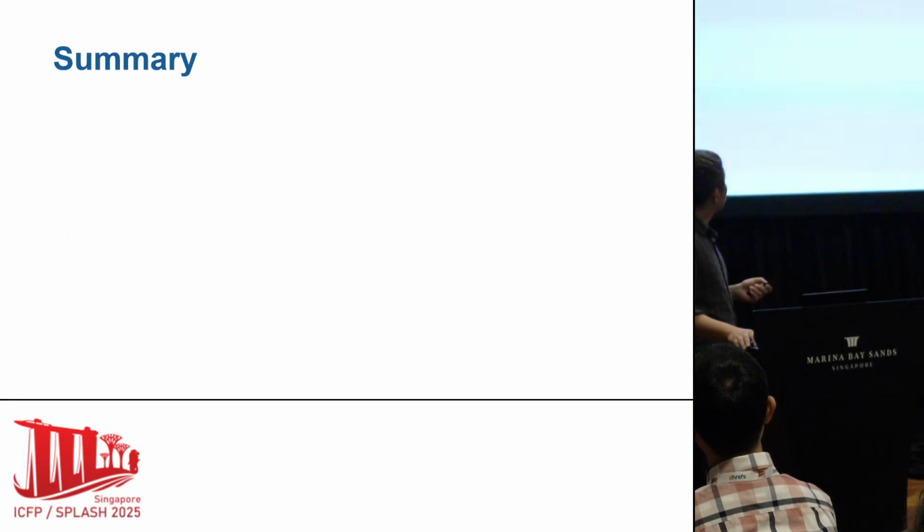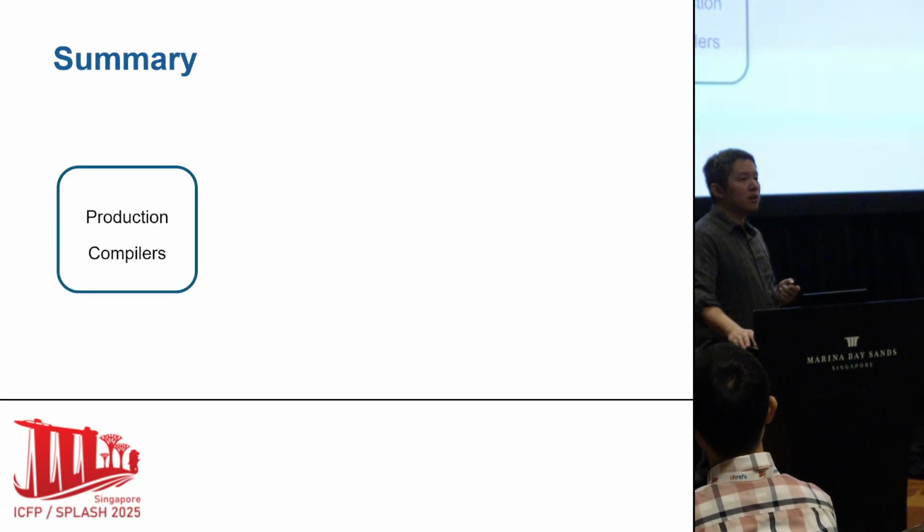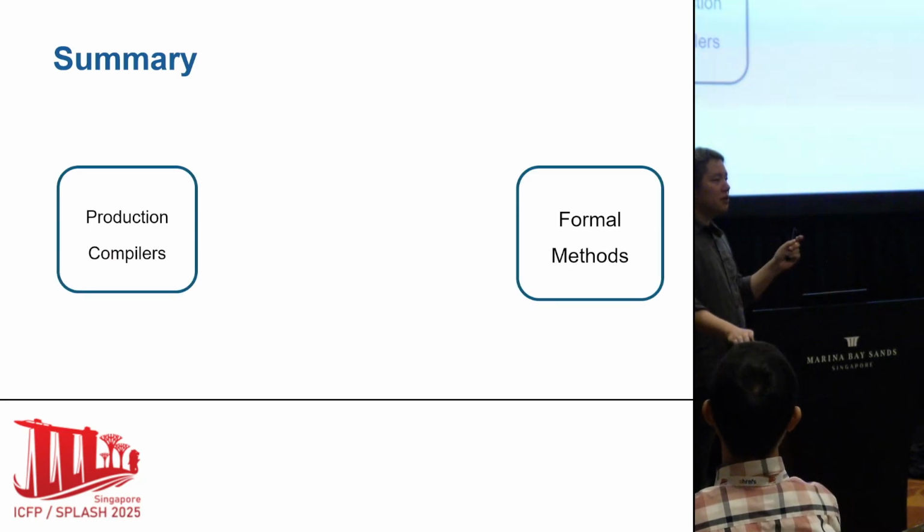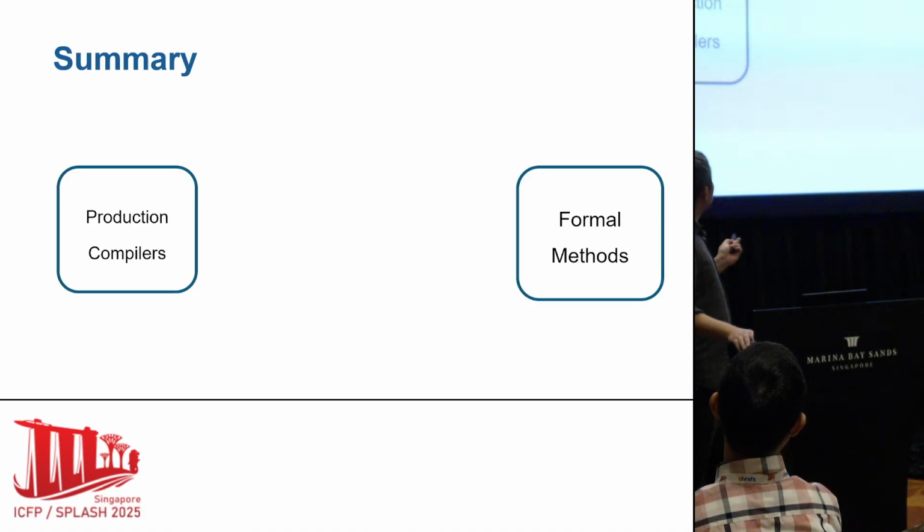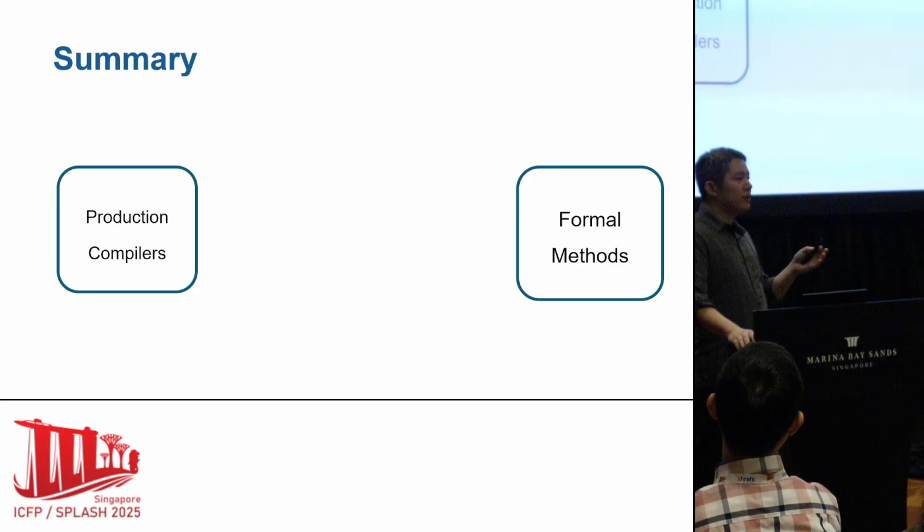I find this direction particularly interesting because it bridges the gap between theory and practice. In theory, we can develop a lot of sophisticated and nice static analysis frameworks, but in practice, in order to cope with production compilers such as LLVM, it takes a lot of effort.